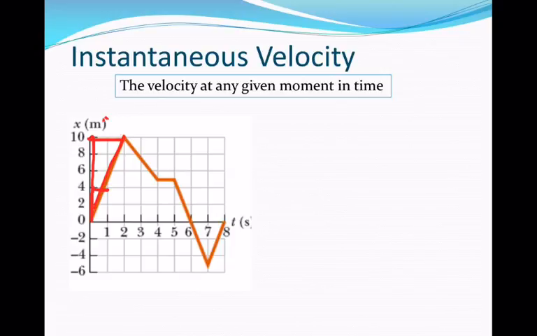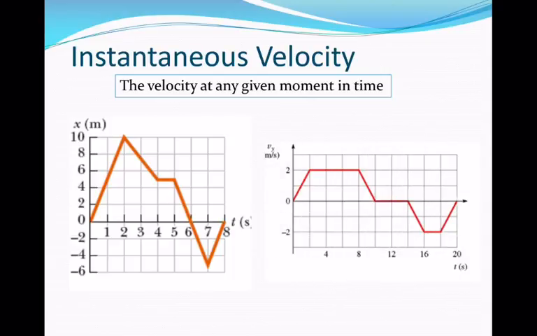This one, I drop 5 in 2. So that's -2.5 meters per second. And then the slope goes to 0, and then here's a new slope, and there's another slope. So the instantaneous velocities are the slopes at those given times.